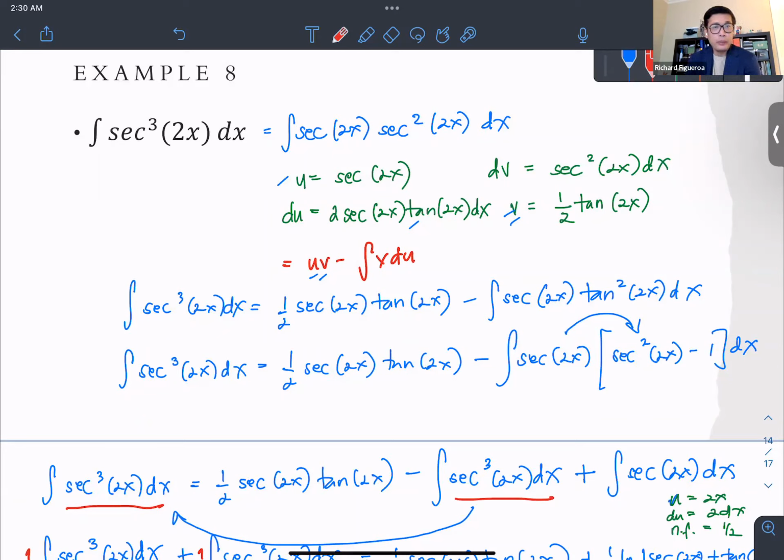So if we have multiple applications of integration by parts, usually that happens for integrals of trigonometric functions, or sometimes the product of an exponential and a trigonometric function, things like that.